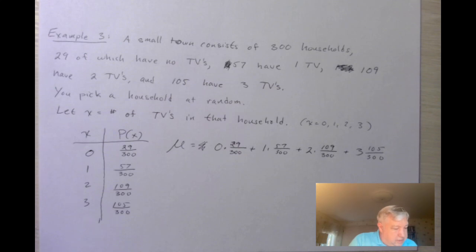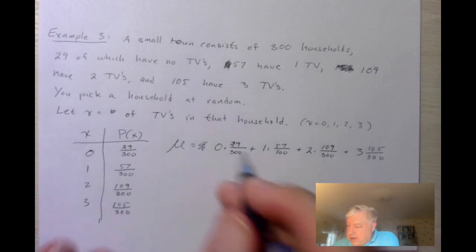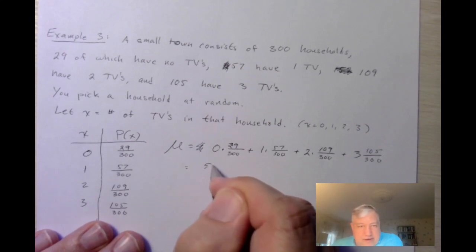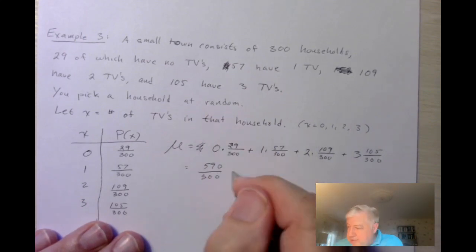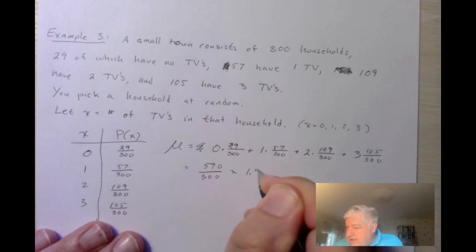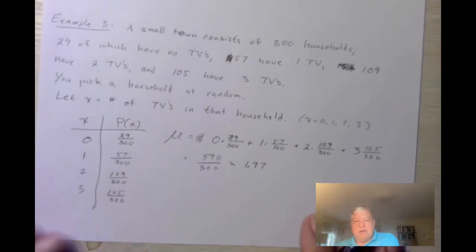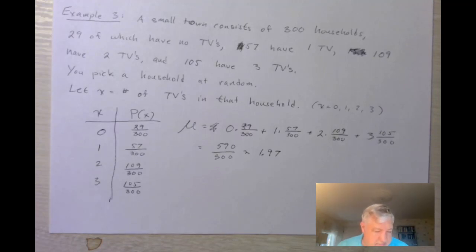When we compute this, I get 590 over 300, which is approximately 1.97. That is your mean in this case.